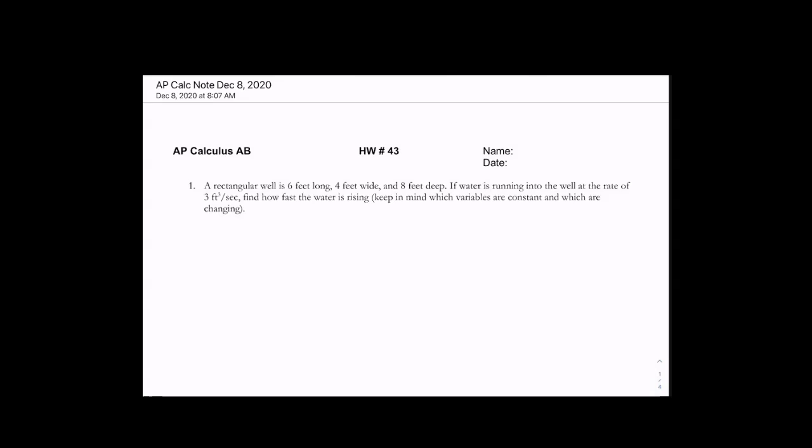All right. So what type of shape do I have here? What is the geometric shape that I have that I know the formula for and so forth? A rectangle. No, it is not a rectangle. It is not a cylinder. A well is not a geometric shape.